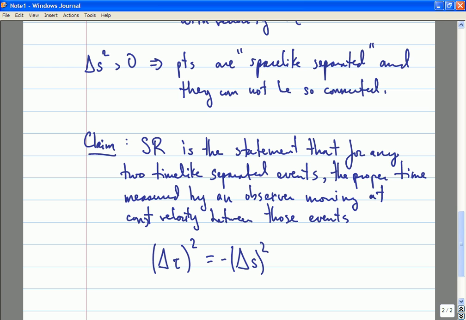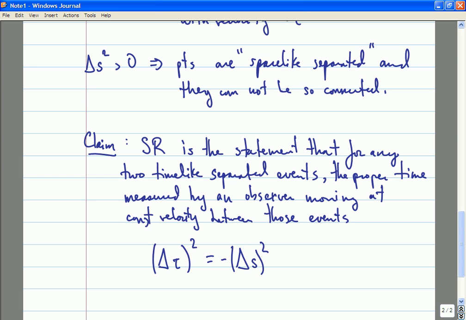And the claim, which I would like to now describe in more detail, is that this one statement reproduces all of the funny effects that you learned about in your courses on special relativity: time dilation, length contraction, relativity of simultaneity, the twin paradox, the ladder in the barn, and so on. This does it all.